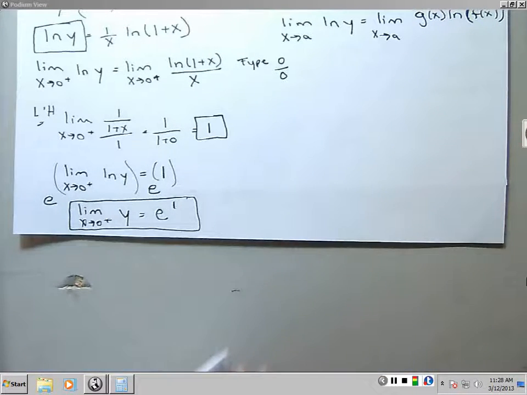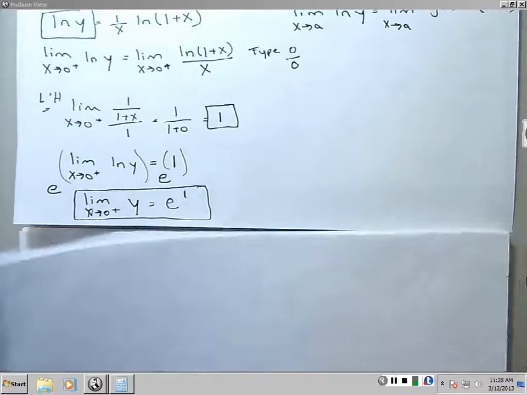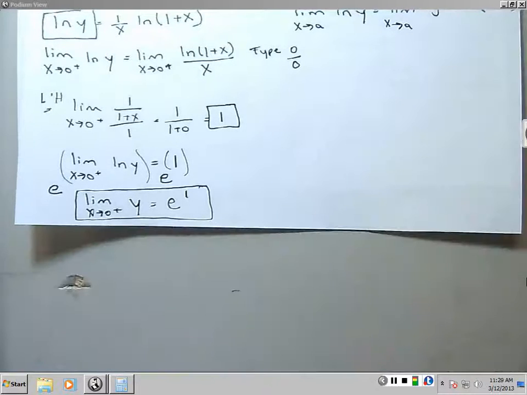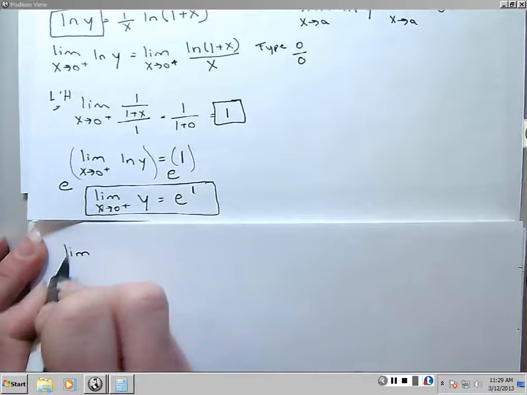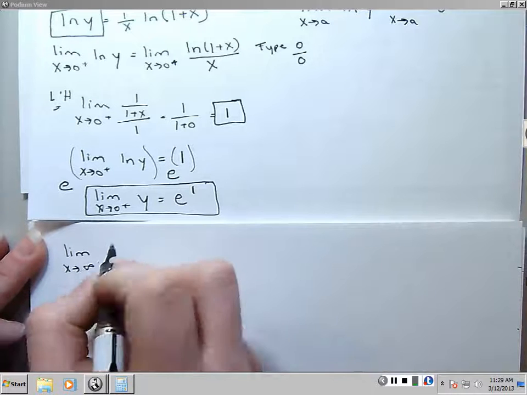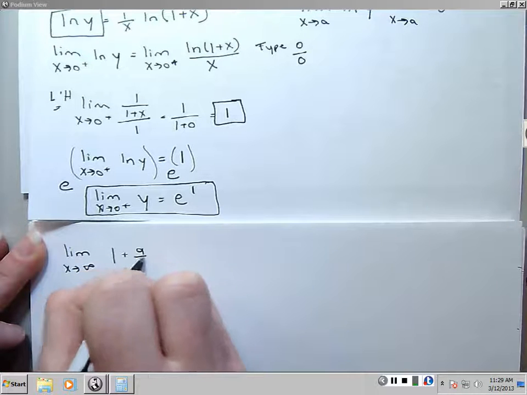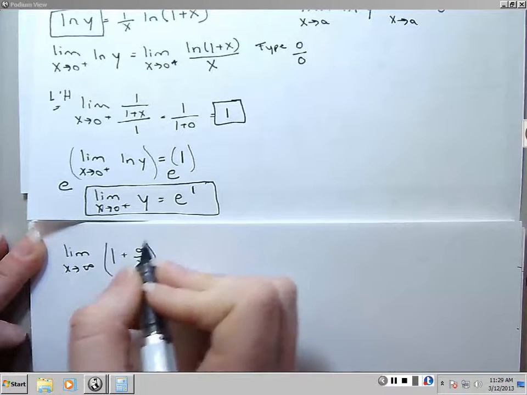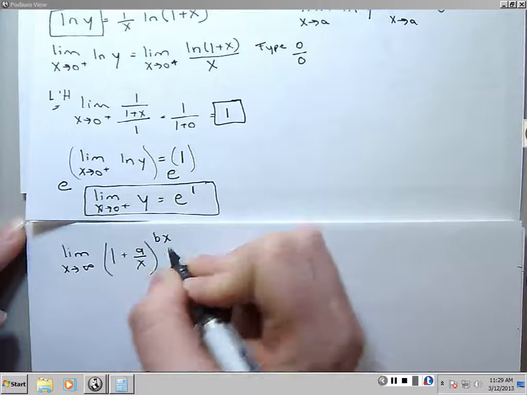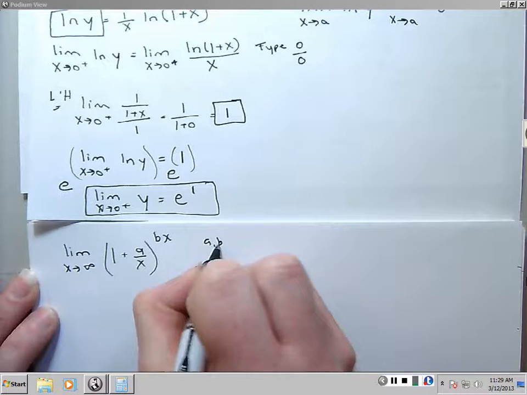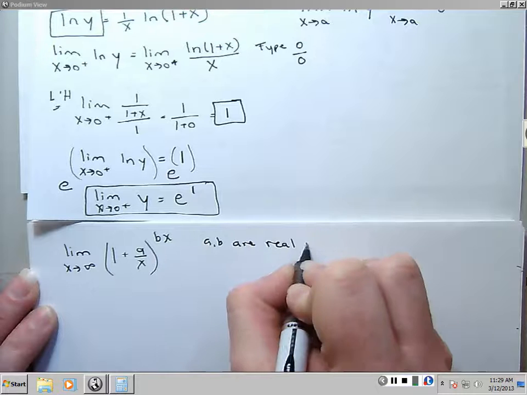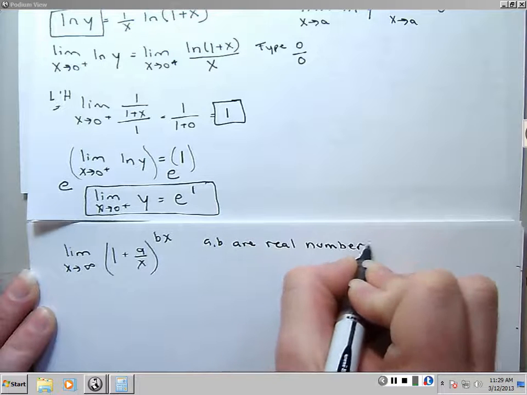How would I go about finding the limit as x goes to infinity of 1 plus a over x to the bx power? Surely if we can do this one, we can do any one where a is any number and b is any number. So a and b are real numbers.